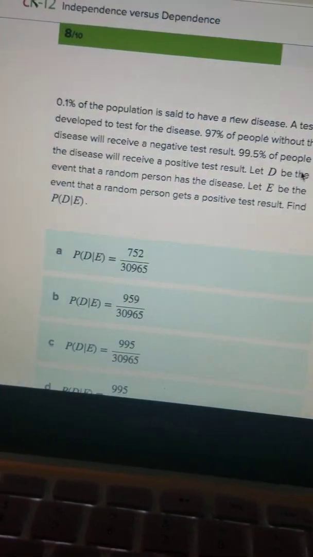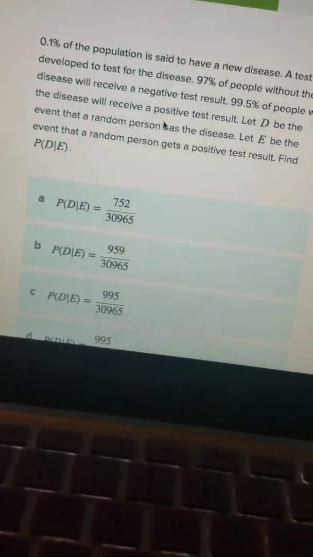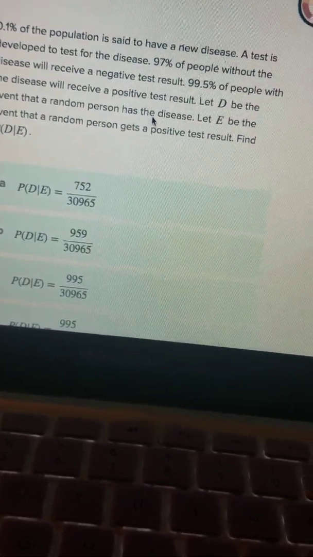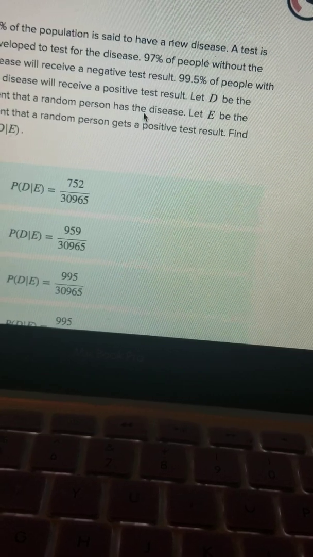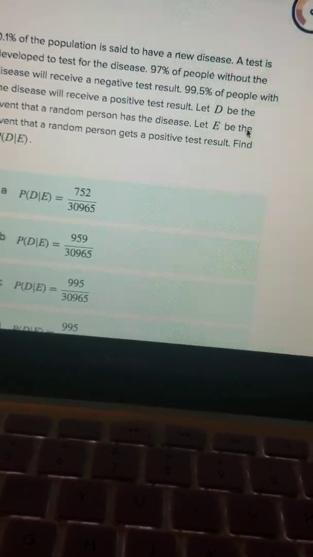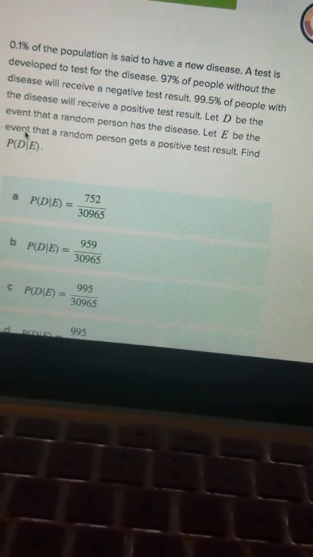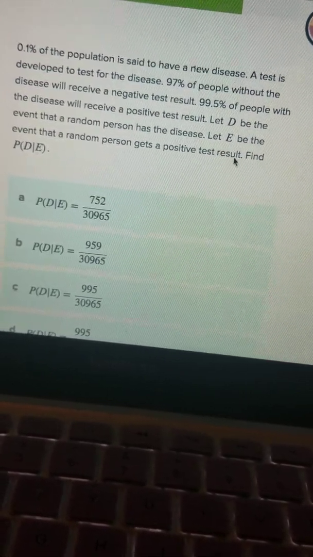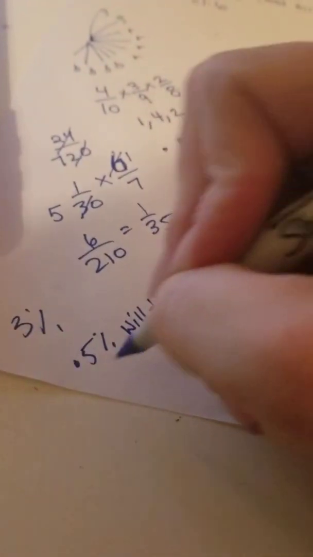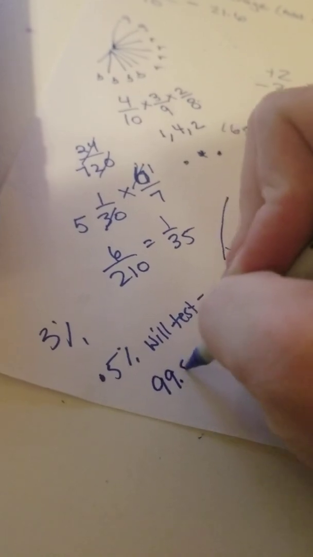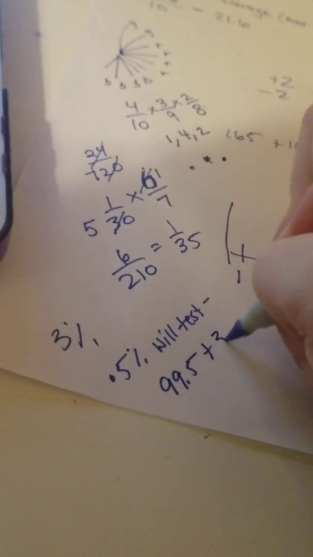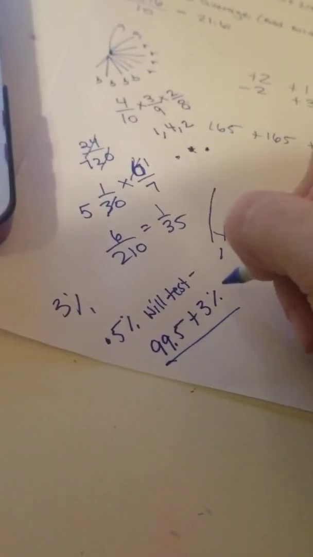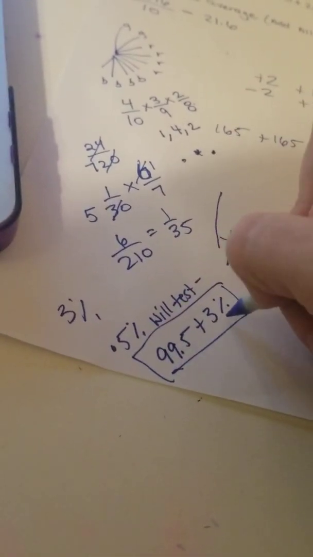Let D be the event that the random person has the disease. Okay, they have it. Let E be the event that the random person gets a positive test result. Okay, so positive test result we know is 99.5 and 3%. They test positive. Too bad for them because they really don't have it.